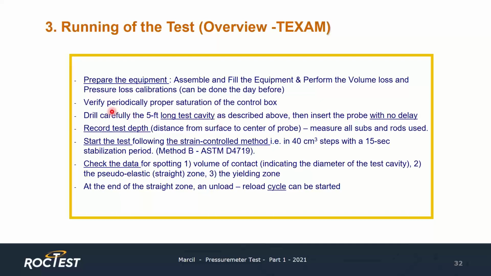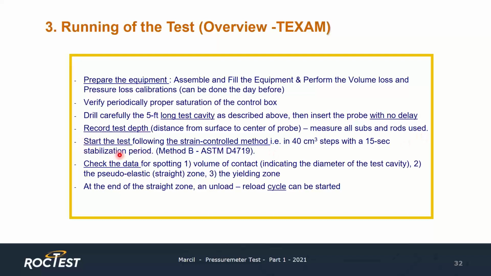Then you have to drill the test cavity as described before, and you have to insert the probe into the test cavity with no delay. You have to record the test depth, which is the distance from the surface to the center of the probe. So you may have to measure all subs and rods that are used to make sure to know exactly where the probe is located.